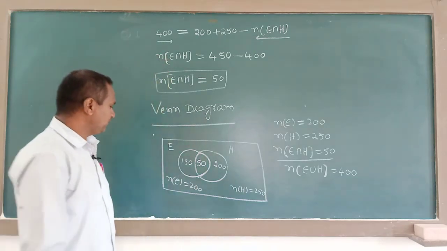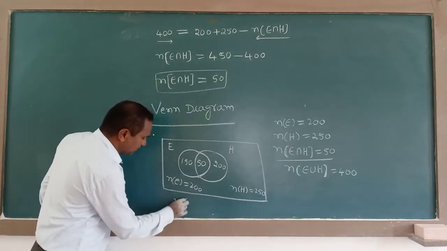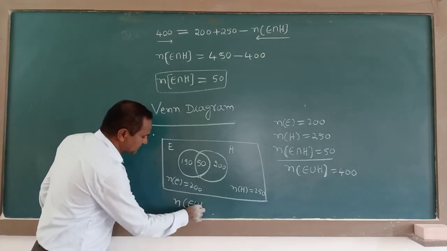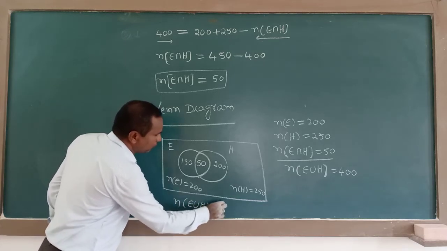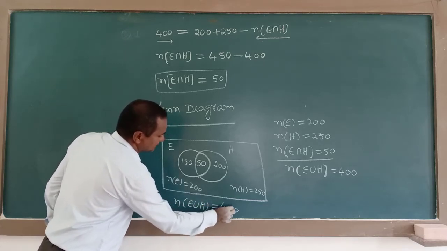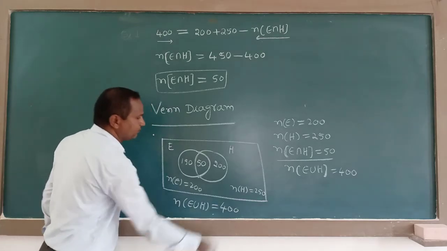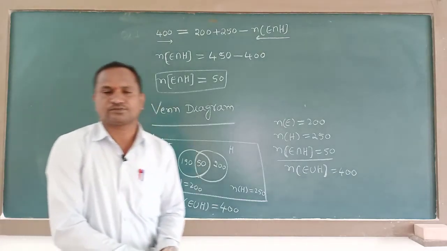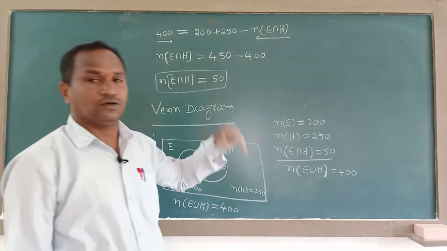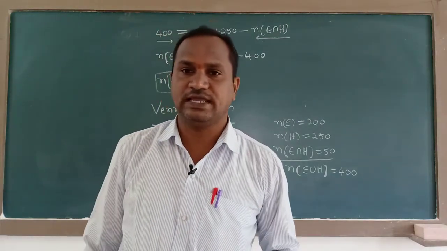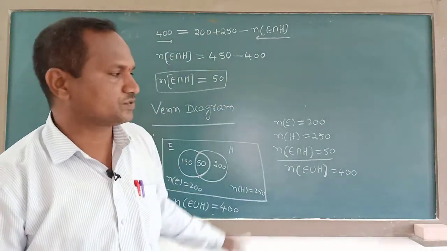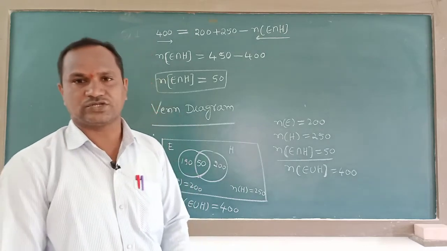That's what we can finally write here: n of E union H is equal to 400. This is the Venn diagram for this question. Like that, we'll solve some other questions also. Now we are going to solve another question.